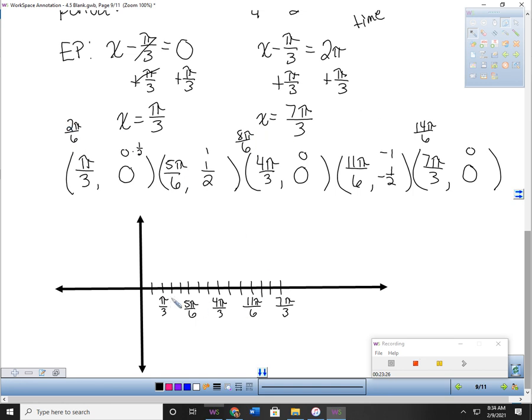All right. Now I'm equally spaced, so when I graph these, I'm going to put one way up here. That way I'm not all squished. So that'd be 1/2. And then we'll do the same thing, -1/2. So we have pi over 3, 0. 5 pi over 6, 1/2.